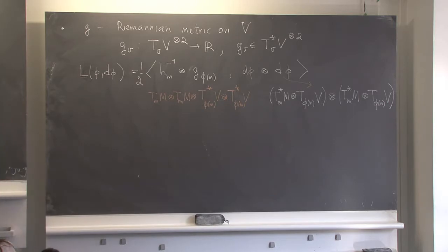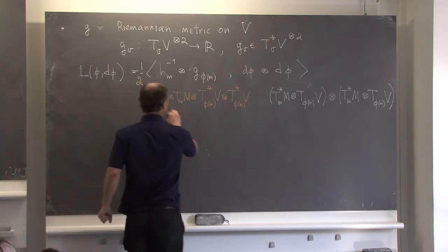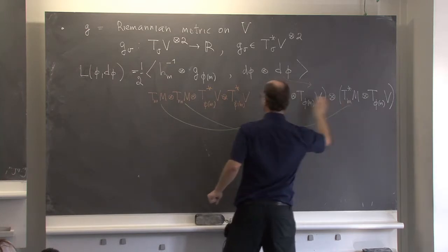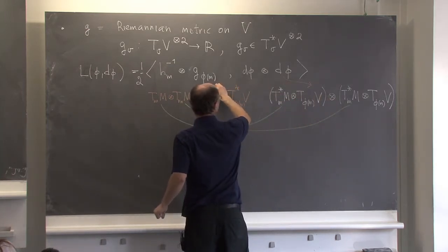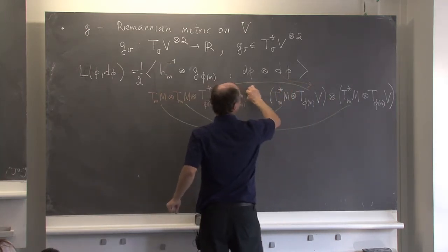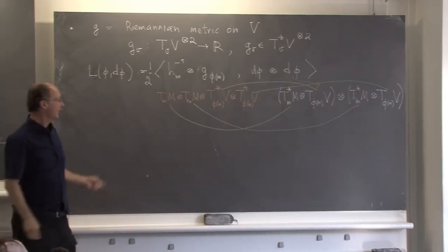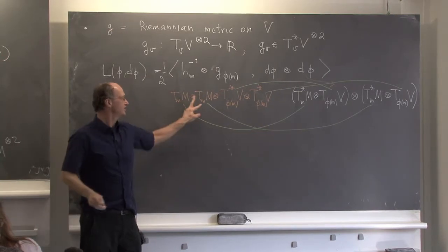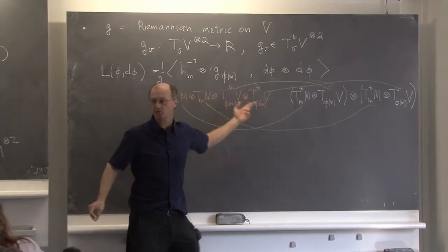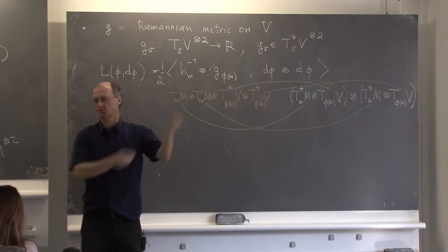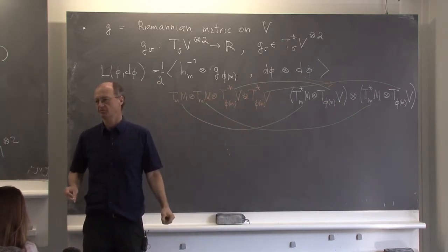Now observe that everything is arranged nicely such that there is a perfect duality between the objects. On top of it, here it's symmetric, here it's symmetric, here it's symmetric, so it doesn't really matter how you pair.